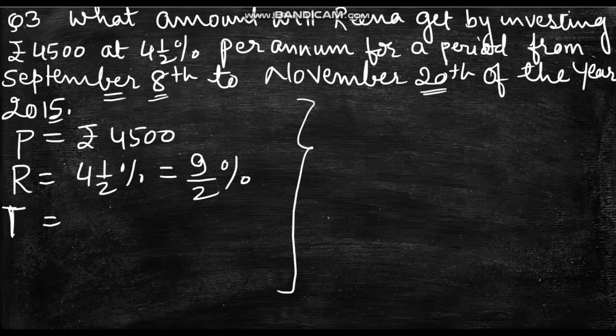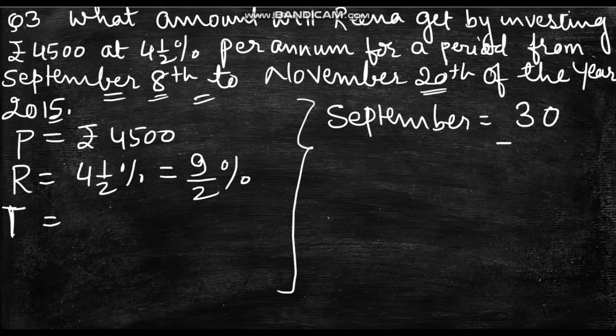In the month of September, 7 days are missing, that is 1 to 7, because from the 8th she will be getting the interest. There are 30 days in the month of September, so 30 minus the first 7 days, because we deposited on the 8th.